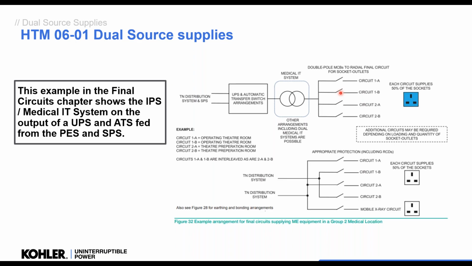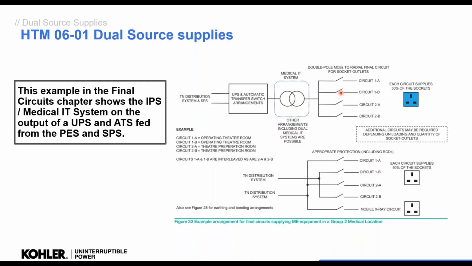So what we're seeing is that the dual supply, the dual sources, should be as close to the final circuits as possible. So if we have a UPS feeding the final medical IT system to the final circuits, then we would have the dual source coming into that. If we've got central UPSs, they have a single input, and they become the dual source to the final medical IT system.